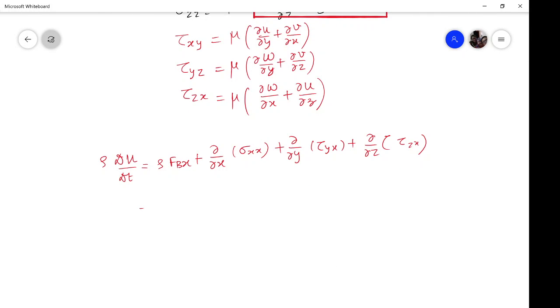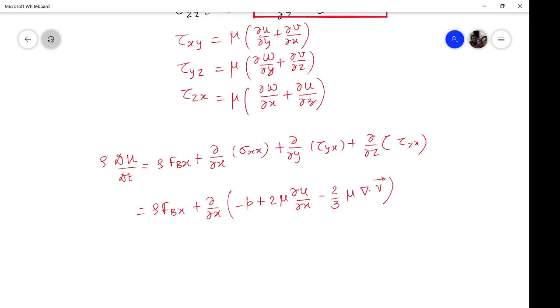Now we'll replace the value of sigma xx, tau yx, and tau zx in this particular equation. So it is rho fbx plus del by del x of this, that is minus p plus 2 mu del u by del x, oh, I'm sorry, there is one more term, minus 2 by 3 mu divergence of velocity vector.